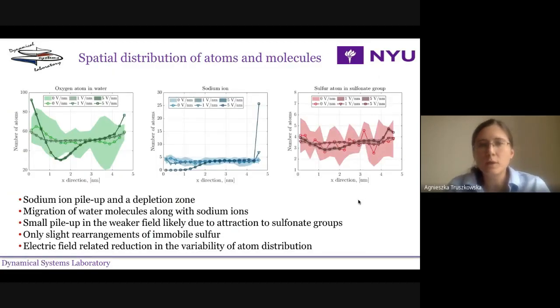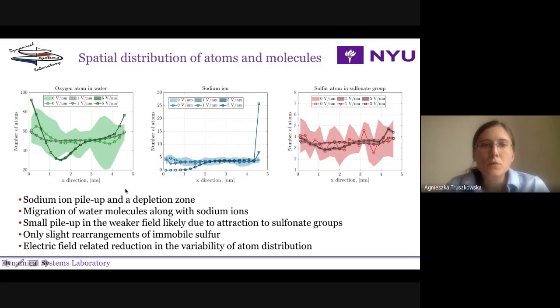With this approach, we are able to plot both atom numbers and stresses. I will sometimes refer to the numbers as concentrations, but in the case of a small system like this, it's probably easier to look at the numbers rather than the concentrations.